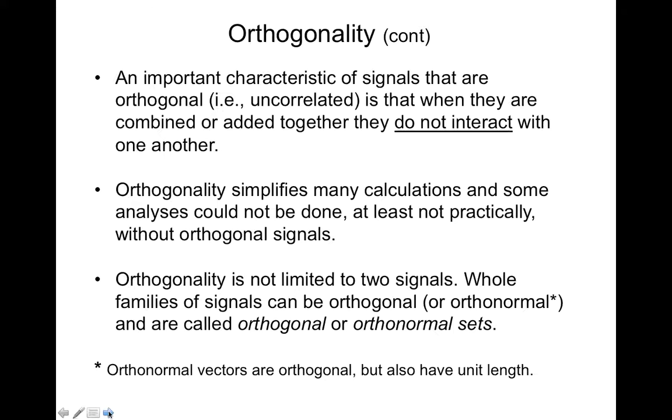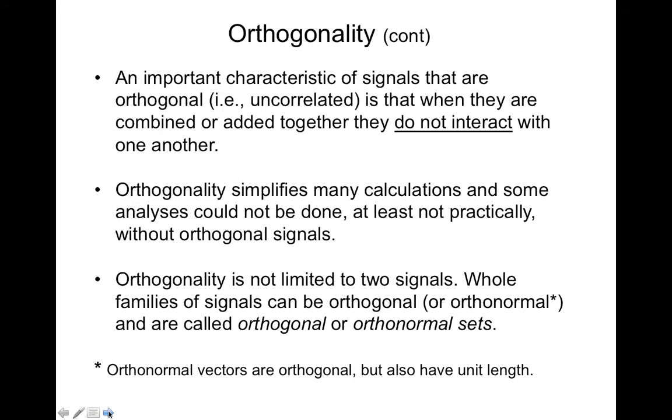So an important characteristic of signals that are orthogonal, in other words, if they're orthogonal, they're also completely uncorrelated, is that when they're combined or added together, they don't interact with one another. So an example of this in nature might be the signal in the frontal lobe of my brain, if I were to record that, and the signal that's being generated by eye movements.